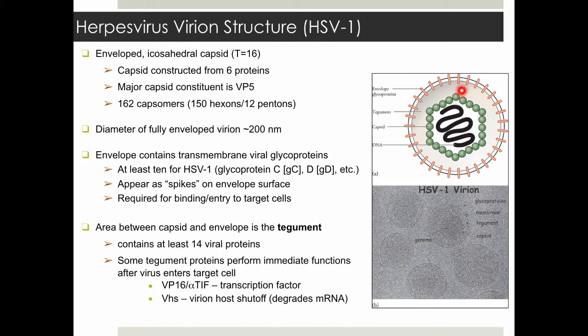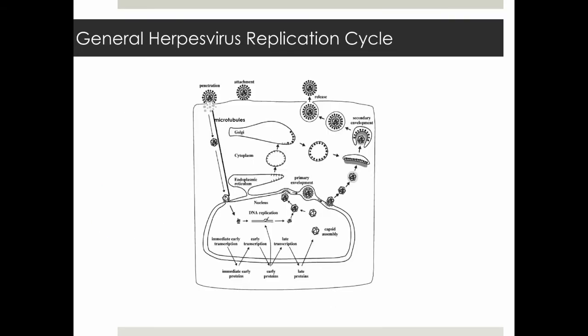And that's the tegument. This is this extra space here in the virion. And this has a lot of the important proteins that are needed very, very early on in virus replication. And the most important of these was VP16 that we'll talk about on the next slide.